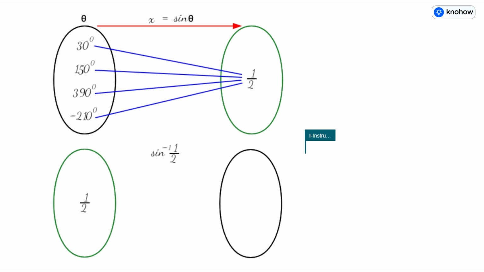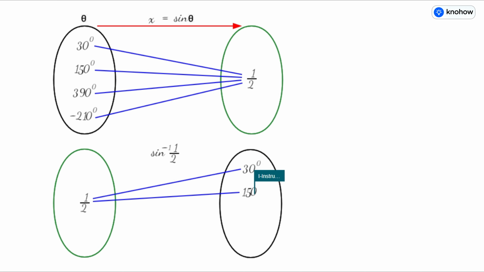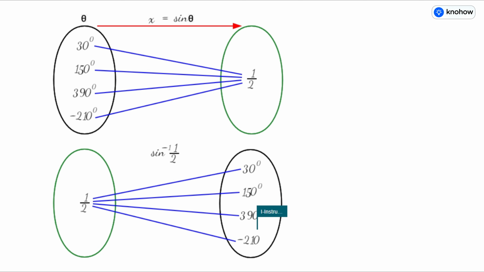Just now you have seen it could be 30 degree, maybe 150 degree, maybe 390 degree, or maybe minus 210 degree. So there are so many angles whose sine is half, or in other words sine inverse half may be equal to 30 degree, 150 degree, 390 degree.